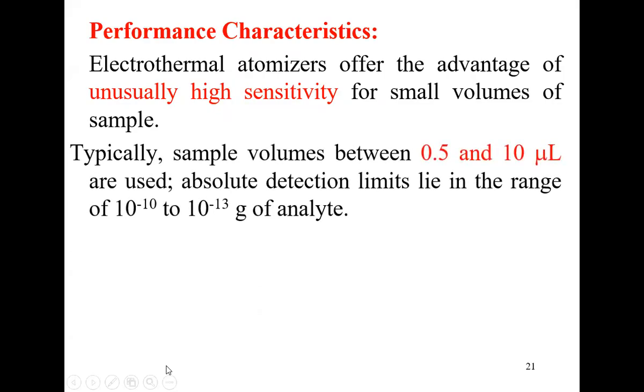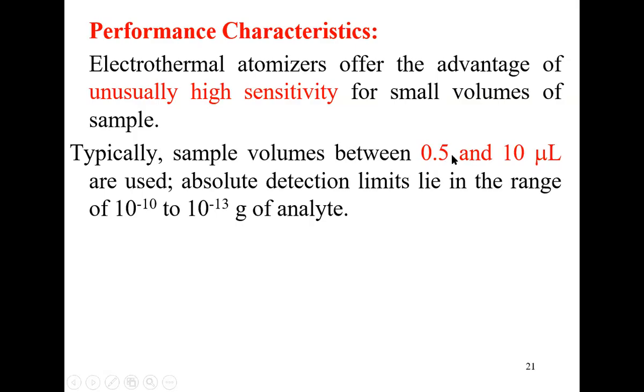Typically, we have said 0.5 to about 10 microliters, and therefore absolute detection limits lie in the range of 10 to the minus 10 to 10 to the minus 13 grams, ppb levels, typical ppb levels. Here are the advantages. One, usually high sensitivity, small volumes that we usually use.